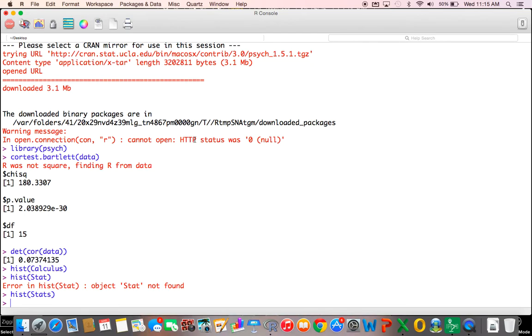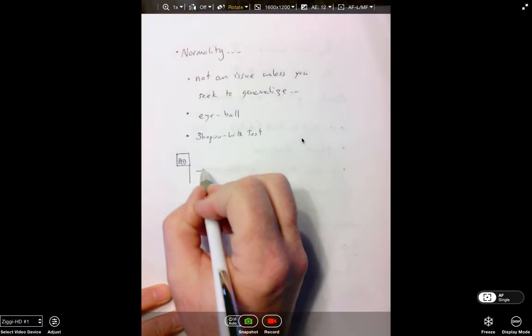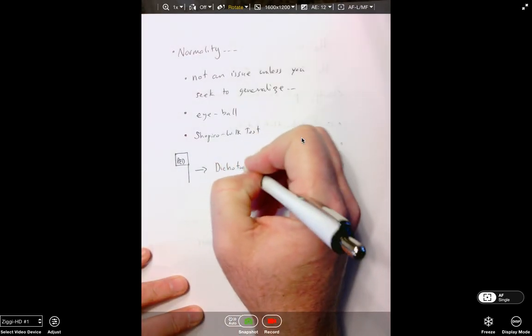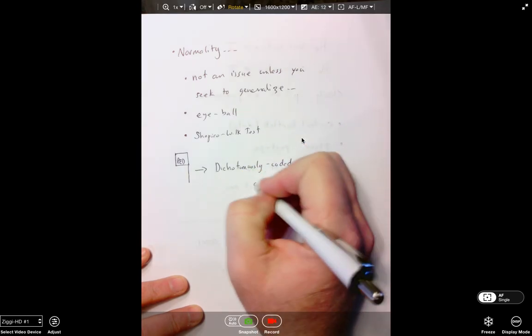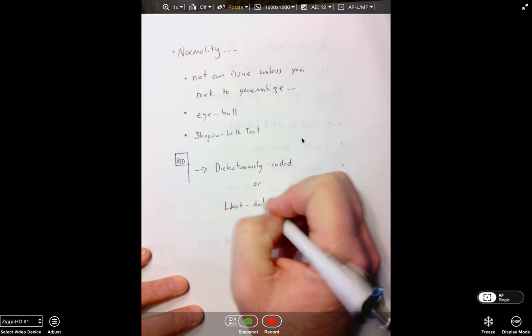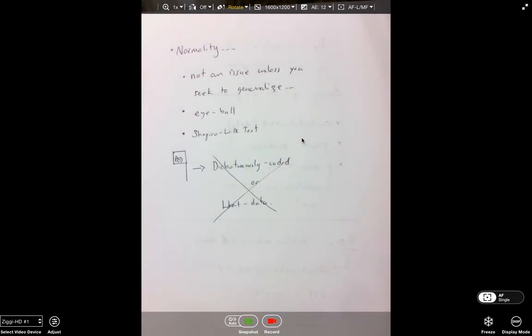One thing about normality, a big old red flag. I'm writing over here and you guys can't even see it, okay? So a big red flag: anytime you have dichotomously coded or Likert data, then clearly the normality assumption is violated for these two types of data.